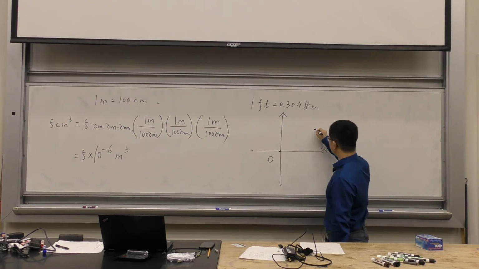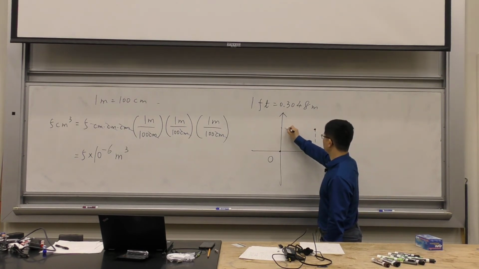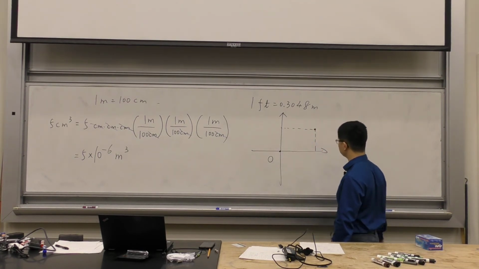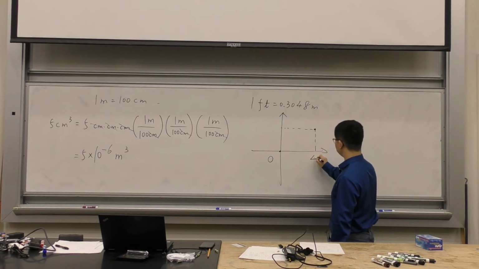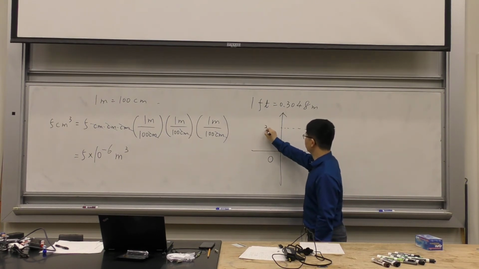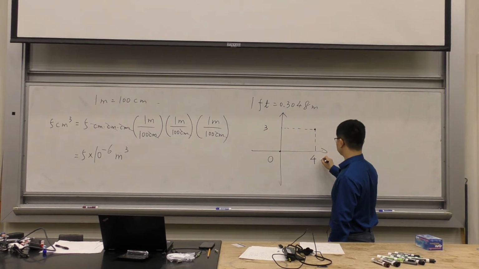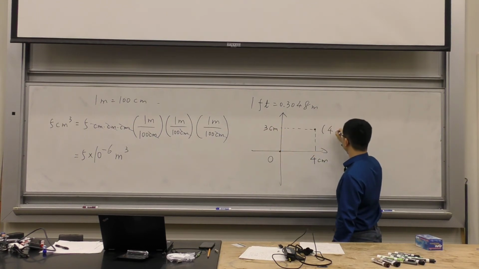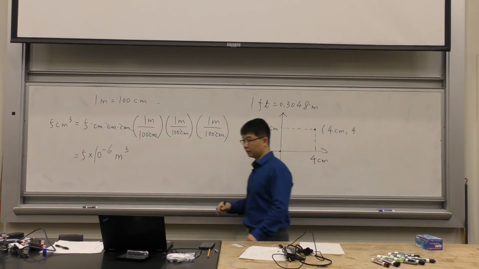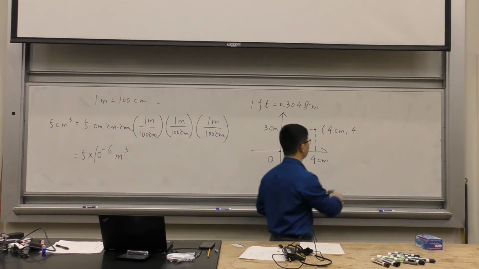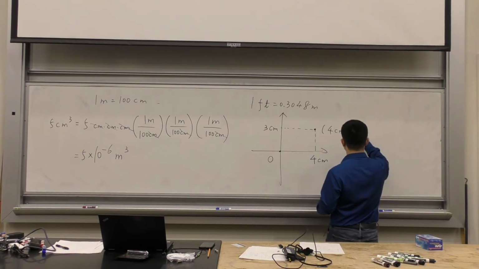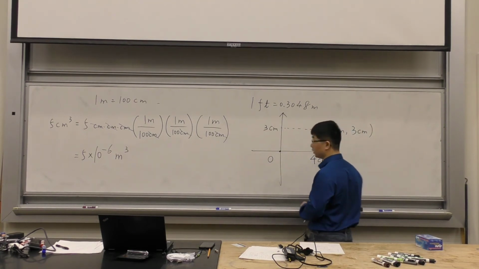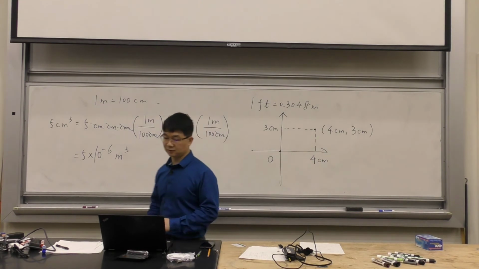I would find the x-coordinate and the y-coordinate of this object. Say, for example, this is 4, this is 3, like centimeters. So I would just tell you it's at 4 centimeters and 3 centimeters. The x-coordinate is 4 centimeters, the y-coordinate is 3 centimeters. So you know where this object is, very precisely.